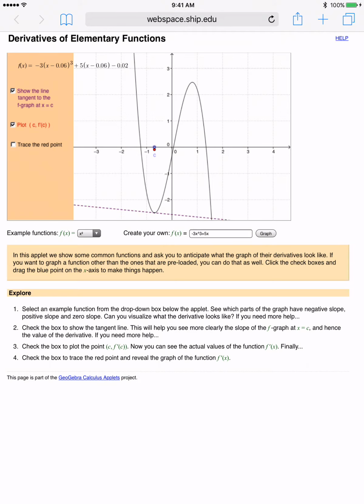So what I want you to do is try to figure out what's the pattern. Do this with your function and see when you can tell when your c value is below the x-axis and when the c value is above the x-axis. What's happening with your original function?